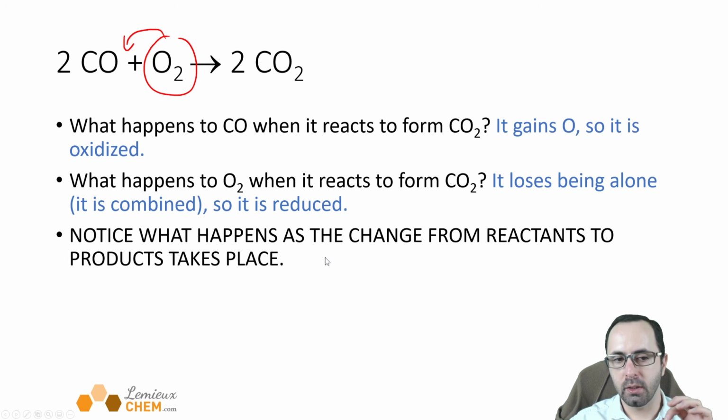What you want to do when you're identifying oxidized or reduced is to notice what happens as the reactants change to products. The CO gained an oxygen atom. Where did those oxygen atoms come from? The O2. So the CO was oxidized by gaining oxygen atoms, and the O2 was reduced by losing those oxygen atoms, or providing them.